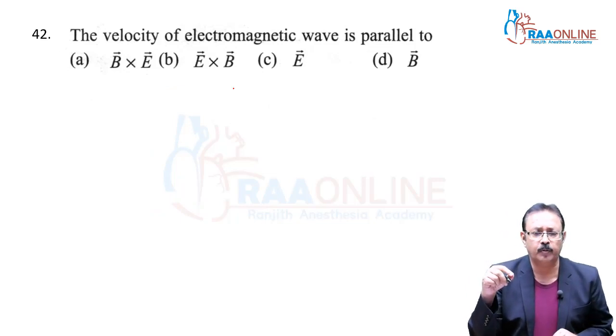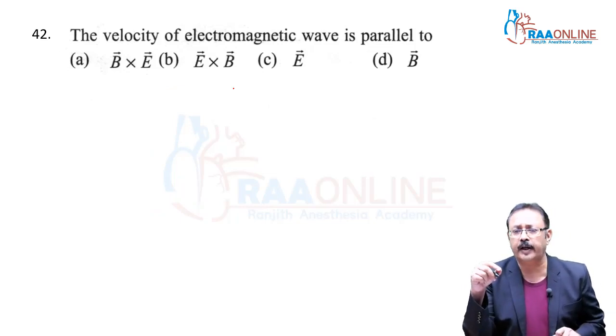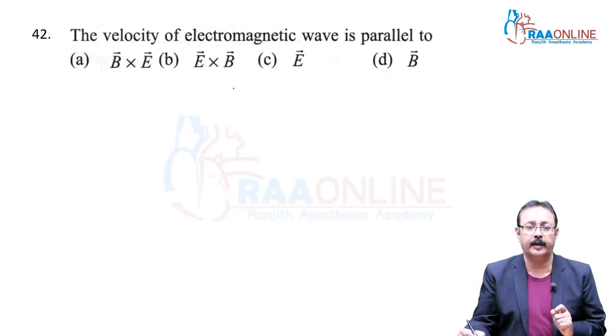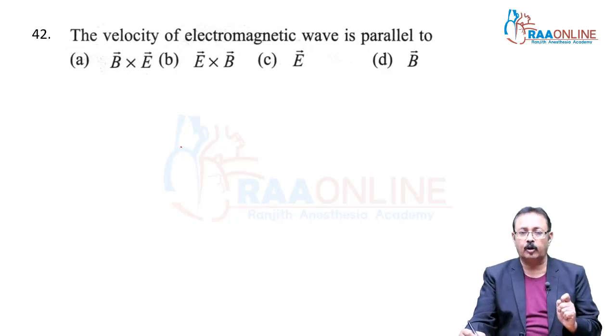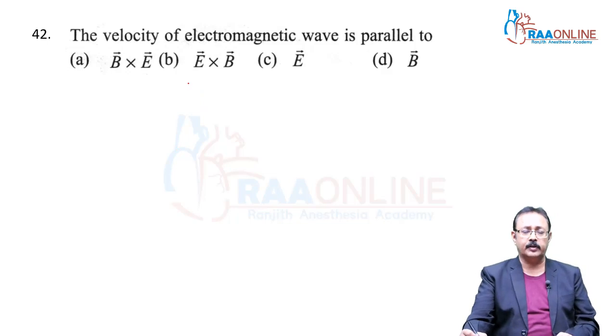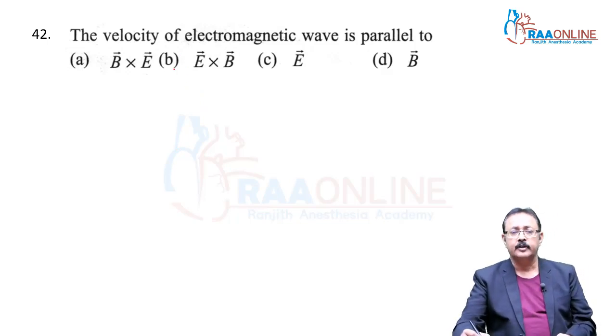42nd, direct formula. They are asking the velocity of electromagnetic wave is parallel to what. Since it is perpendicular to both electric field and magnetic field, it should be the cross product of these two. But take care, velocity is a vector quantity, so to whom should we write first?